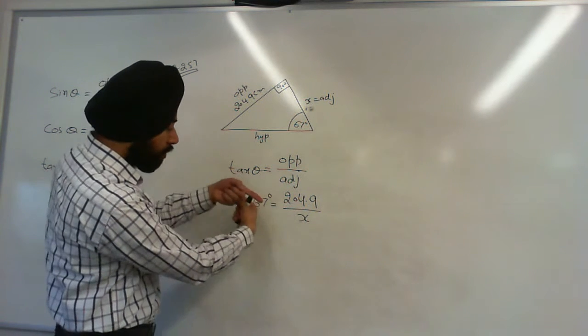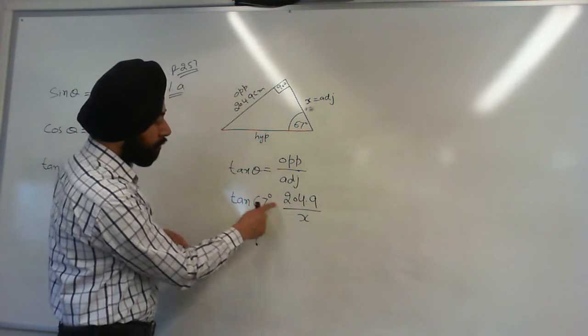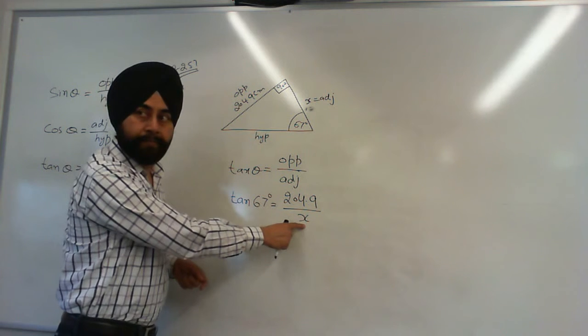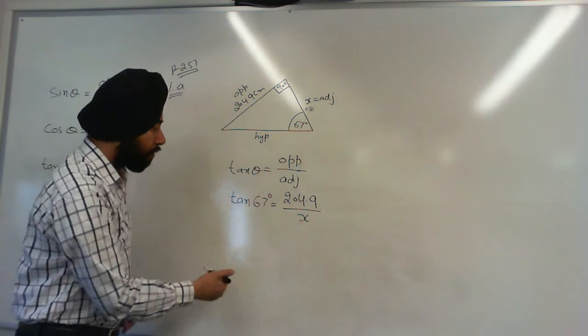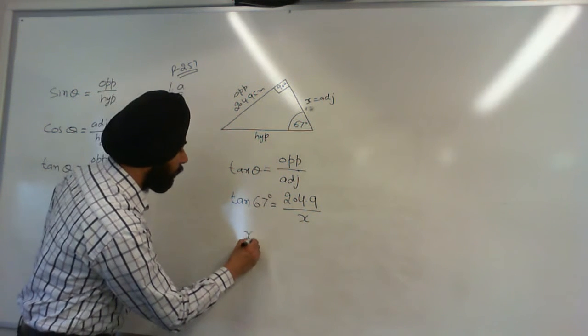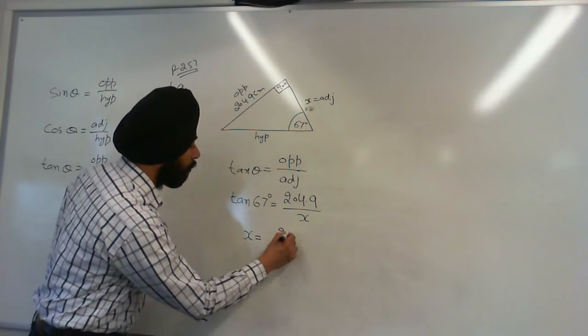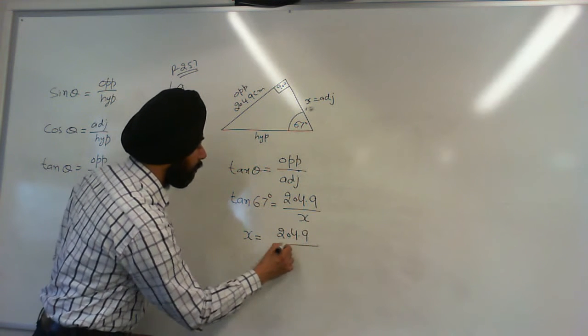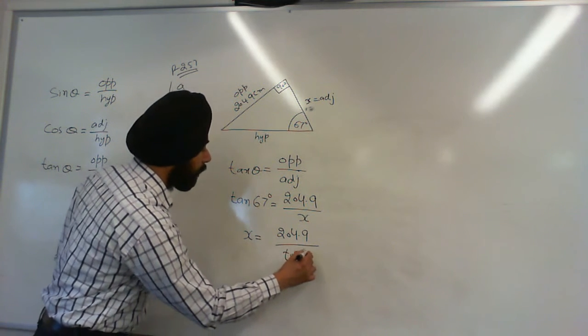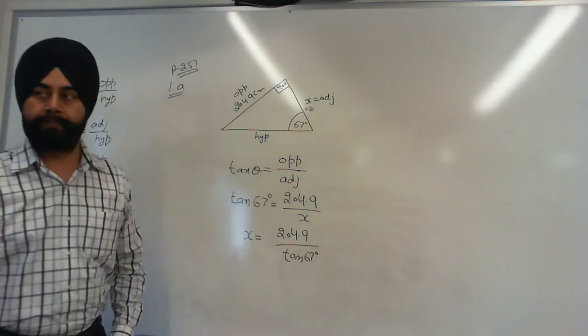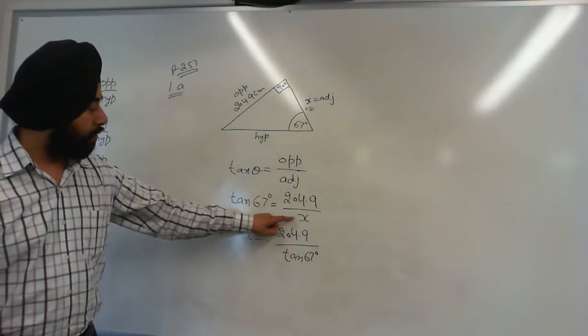You can always switch the top number here with the bottom number there, right? So when you switch them, you get x is equal to 204.9 divided by tan 67 degrees. I switched this and this.